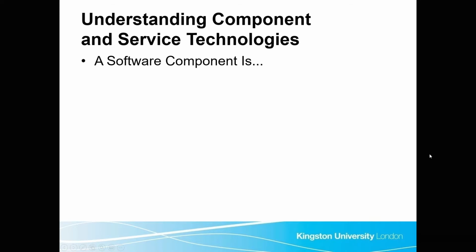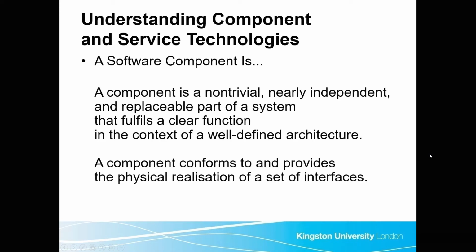Another important definition of software component is: a component is a non-trivial, nearly independent and replaceable part of a system that fulfills a clear function in the context of a well-defined architecture. Replaceable is important. A component conforms to and provides the physical realization of a set of interfaces.